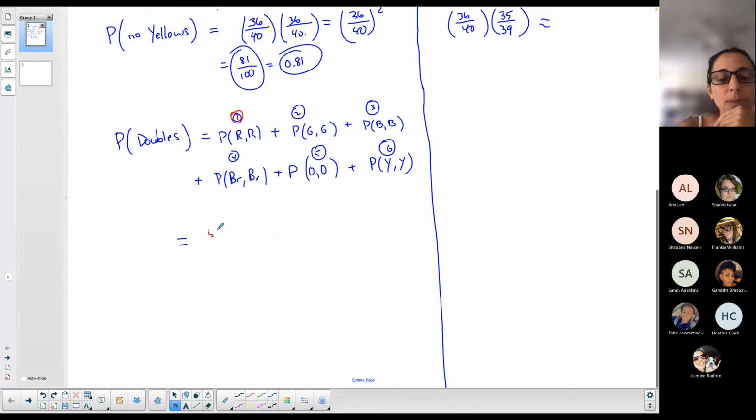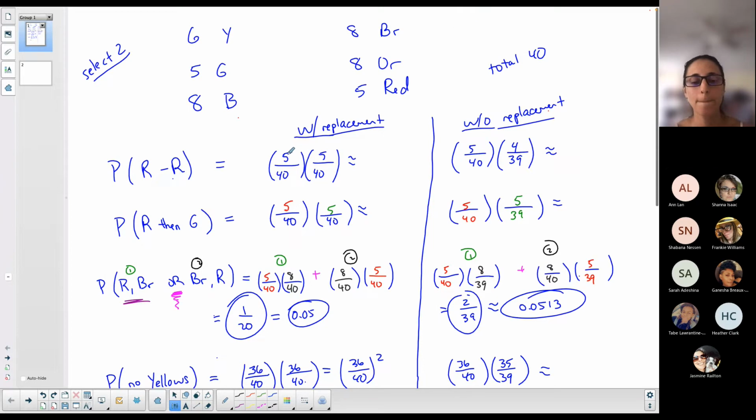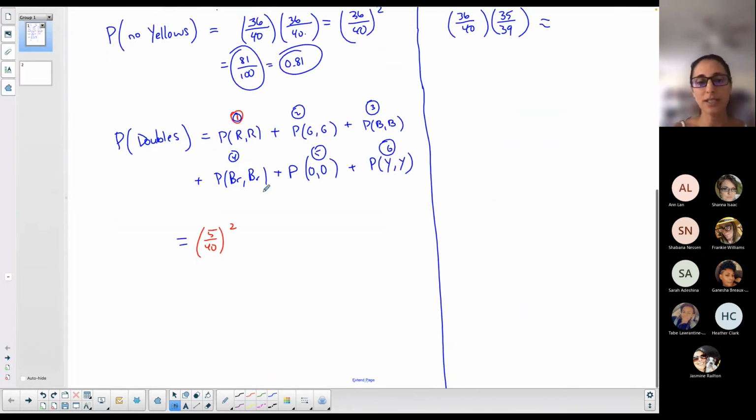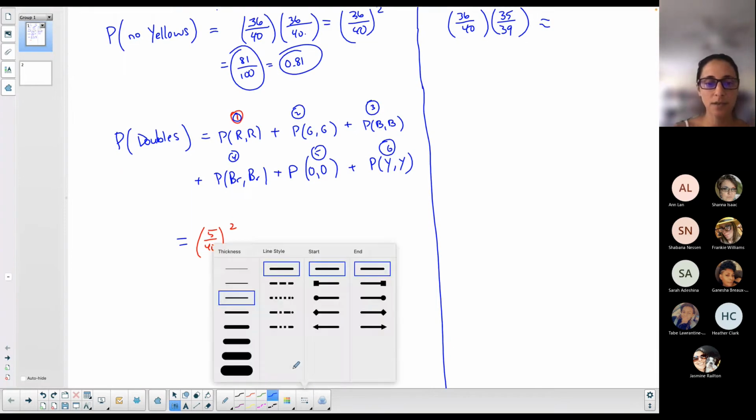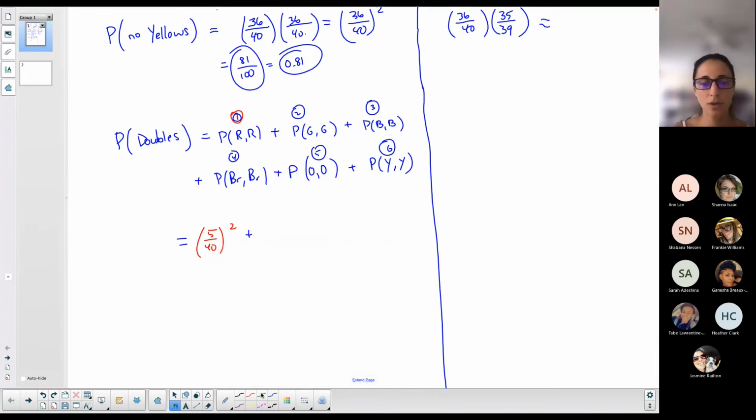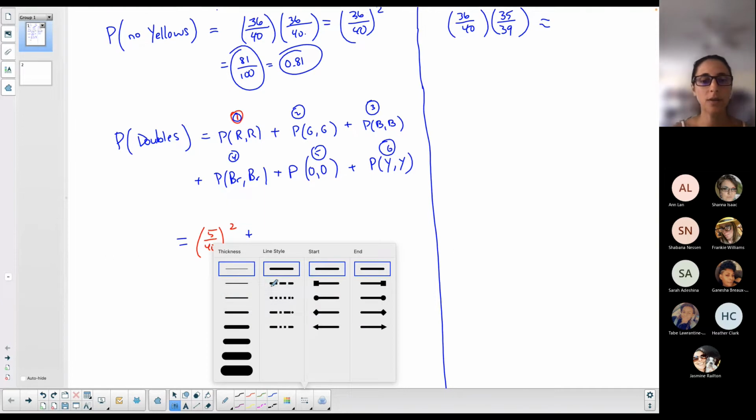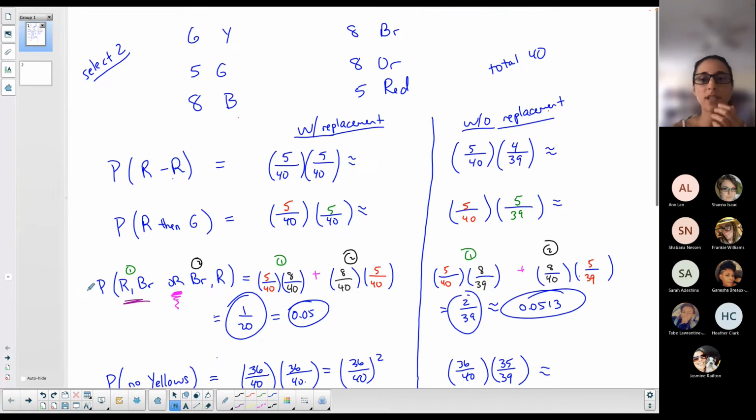So we already talked about this, 5 out of 40, and I'm just gonna say to the second power, because I'm replacing the red. I'm not changing the fraction because I'm selecting the same color twice and I'm replacing it. So if I'm doing the replacement situation, these are going to be the same. Does that make sense? Green and green. How many green? What's the probability of selecting a green?